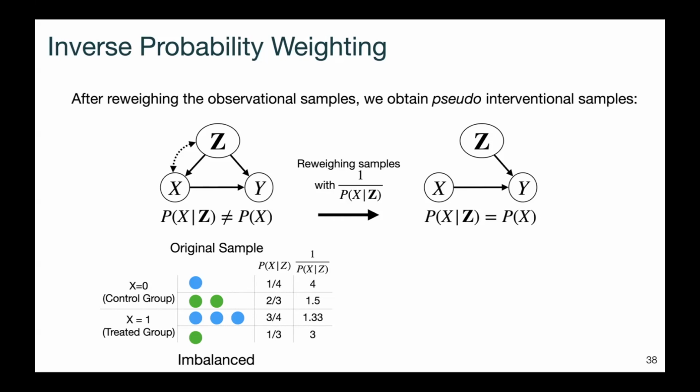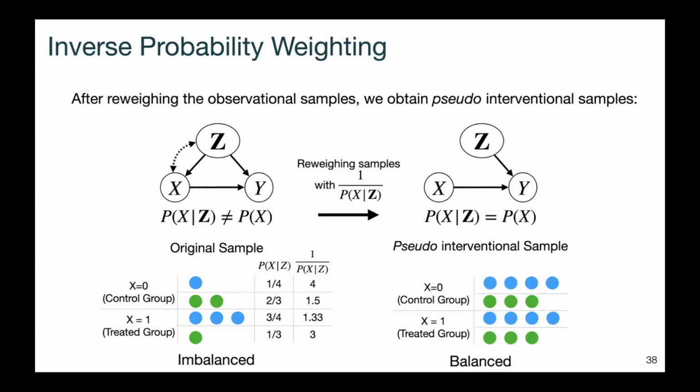And then in the end, I'm mimicking a case where I have actually the same number of people that are blue in 0, blue in 1, green in 0, and green in 1. So I'm making this sample balanced, in the sense that the propensity of receiving the treatment is uniform.